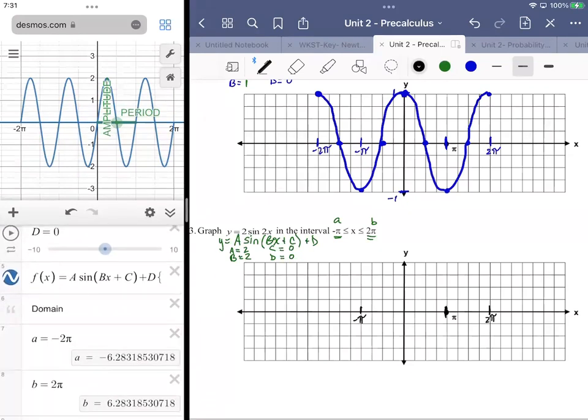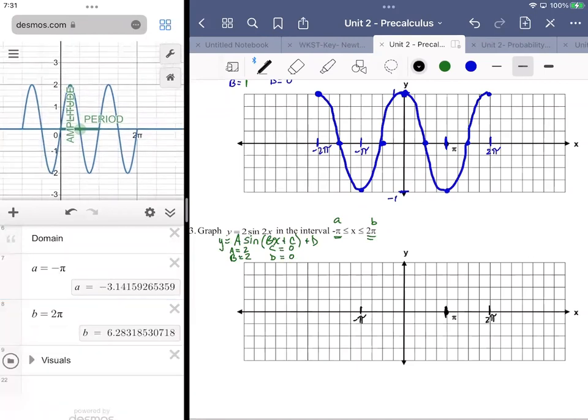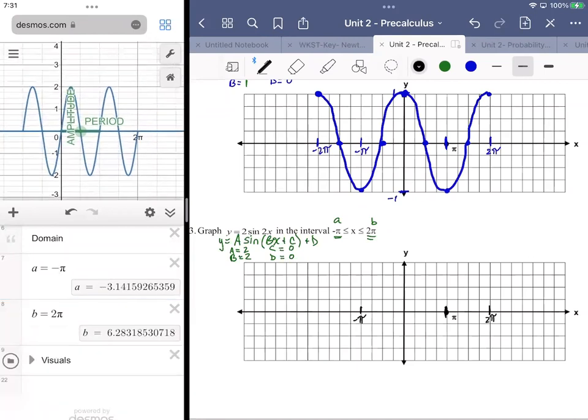My domain should be going from negative pi to 2 pi. So this is what my graph ought to look like. I see my amplitude and period is actually labeled out for me. And this is really nice because if you think to the practice test, any graph where you're given the graph and you have to come up with the equation, you have a way of referencing what component is the amplitude, what's the period and the frequency and all that stuff. So it's pretty nice in that regard.